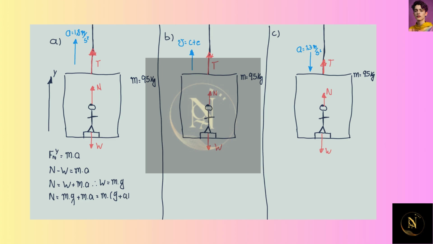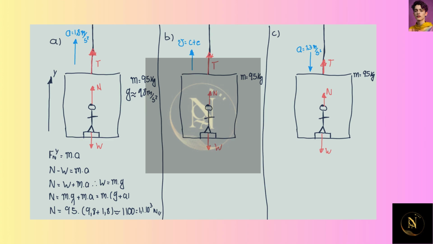So in this first item, remembering that g is approximately 9.8 meters per second squared, we get a normal force given by 95 times (9.8 plus 1.8), which results in approximately 1100, or we can write it as 1.1 times 10 to the third newtons. This is the answer for the first item.